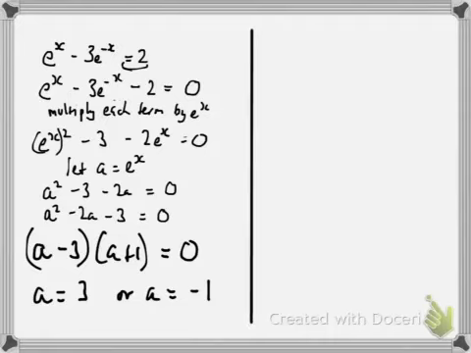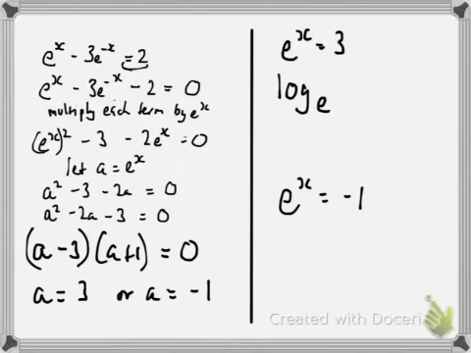So that means that e to the power of x equals 3, or e to the power of x equals negative 1. So if we look here, convert these now to log form. Log base e to the power of x equals 3. Log base e to the power of x equals negative 1.